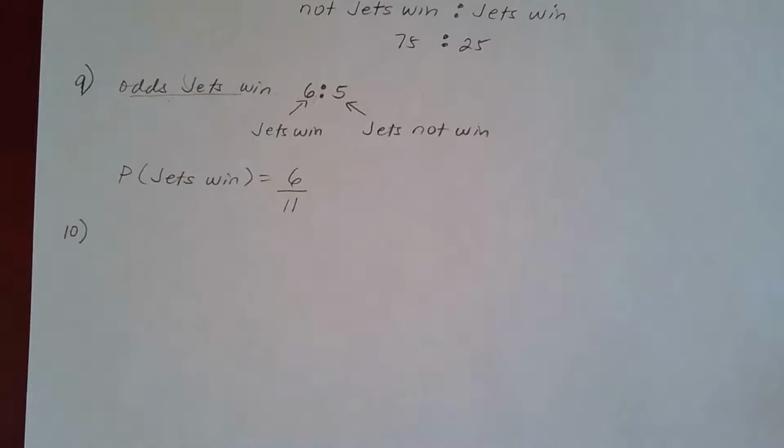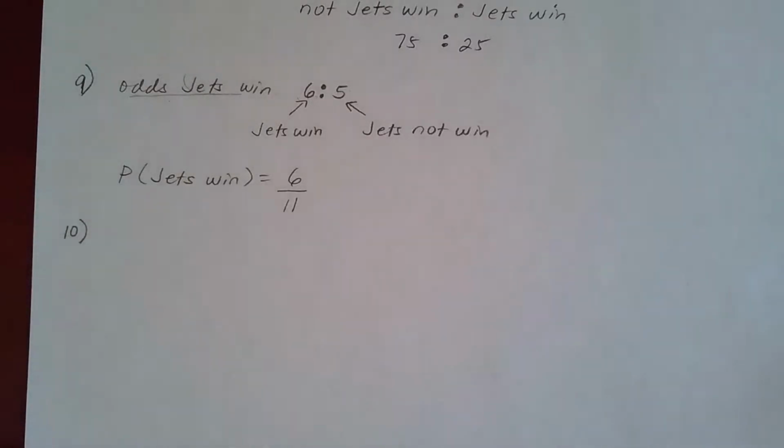Number 10. Last 2 questions. In a school of 384 students, the probability that a random student goes to post-secondary school is 0.63. Calculate how many are expected.